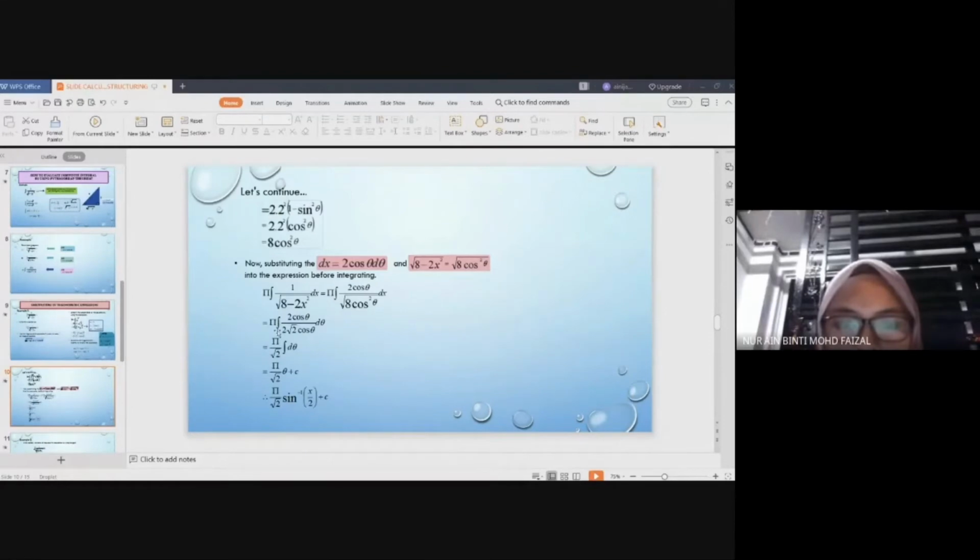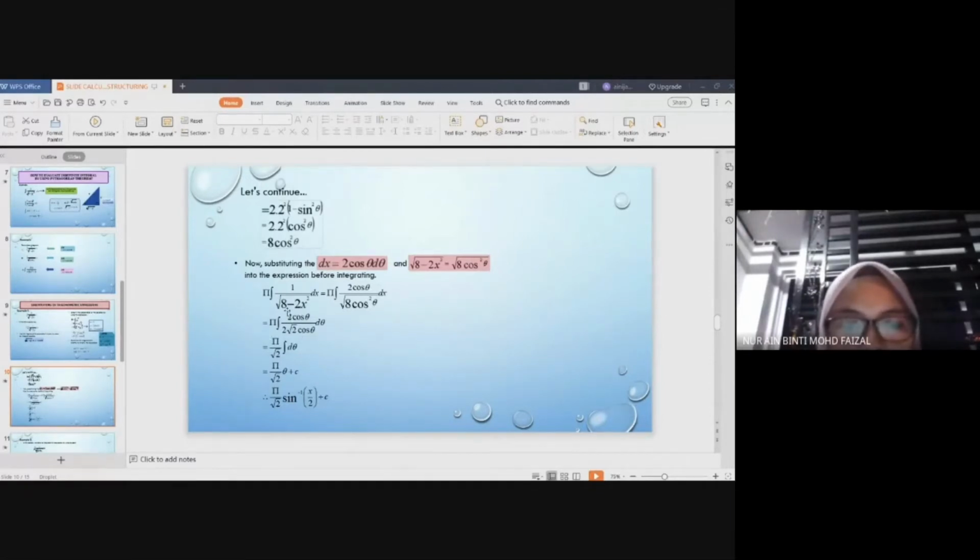Okay, after substituting, you see here how we get 2 times square root of 2, when we find that the square root of 8 is equal to 2 times square root of 2. And then cos theta d theta, because the square root of cos squared theta is cos theta.